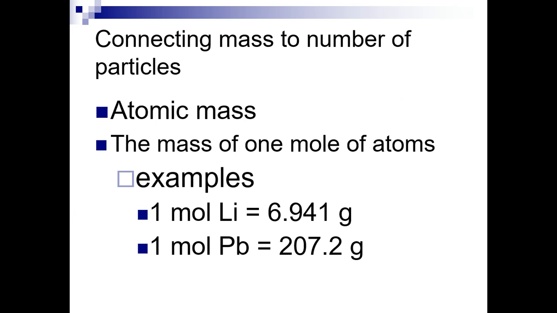You're going to use the periodic table that I gave you, the green one, and use those numbers. This one is from an older, more detailed periodic table. It just says 6.94 is the atomic mass of lithium. That means 6.94 grams is equal to 1 mole.